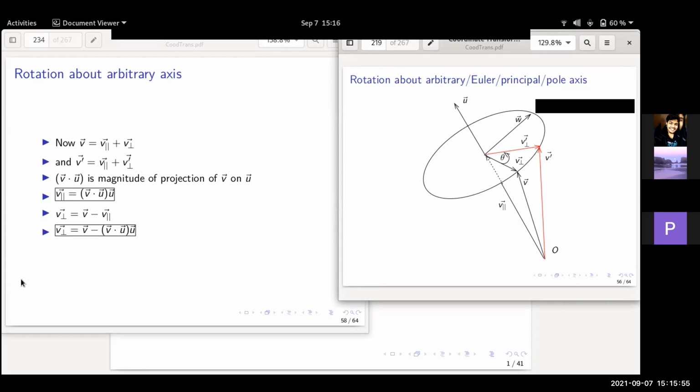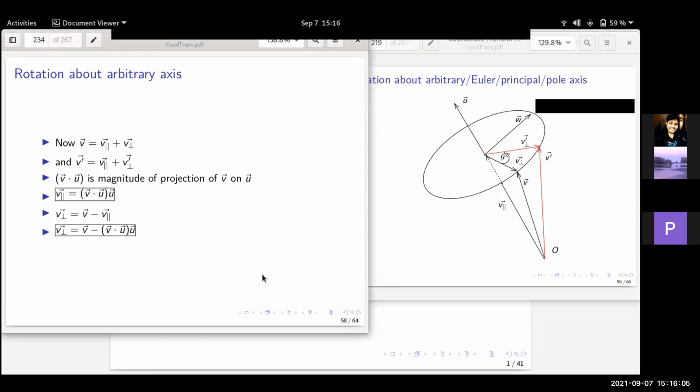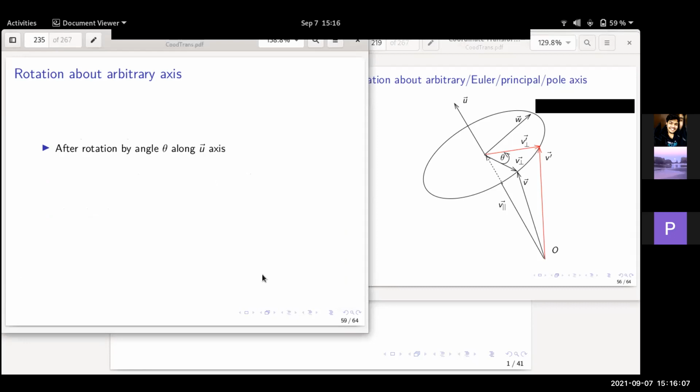So V perp is therefore expressed as V minus V dot U in the direction of U. After rotation by an angle theta with respect to the U axis, the V parallel component remains the same. However, the V perp rotates to the new location V perp dash.